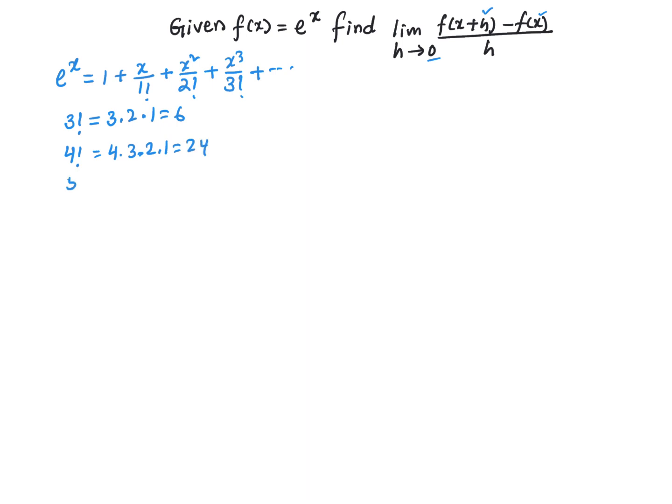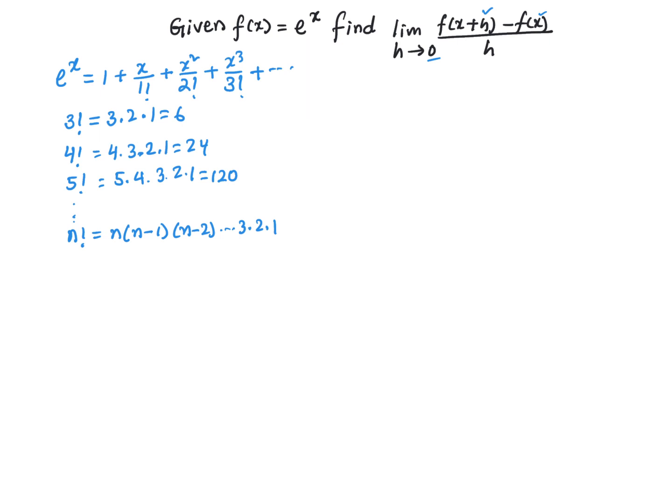Or 5 factorial is 5 times 4 times 3 times 2 times 1, which is 120, and so on. In general, for a positive integer n, n factorial is n times n minus 1, n minus 2, dot dot dot, 3 times 2 times 1.